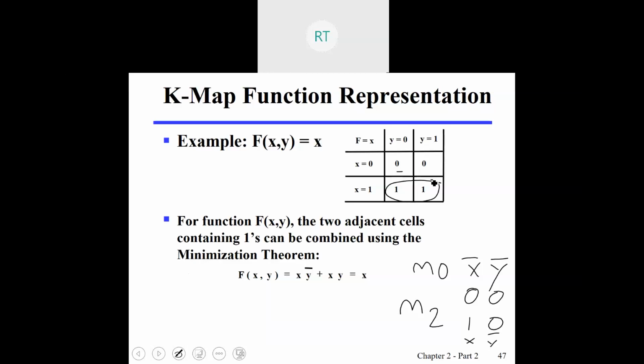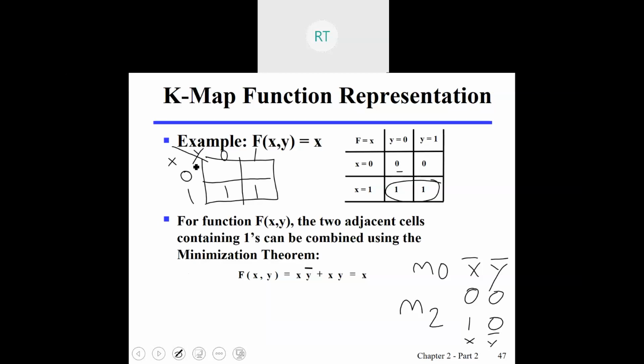So I have two adjacent ones, and I want now to look at the x and the y. So I will draw it the way I like better: 0, 1, 0, 1, and I have here 1, 1. This is my x, this is my y.